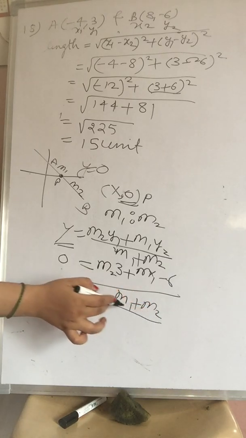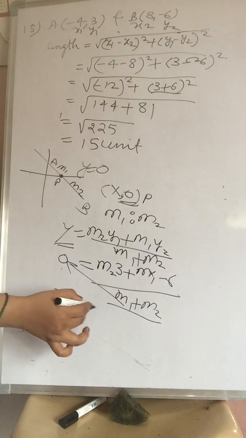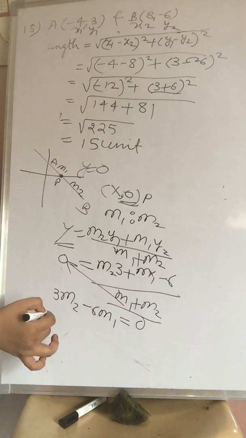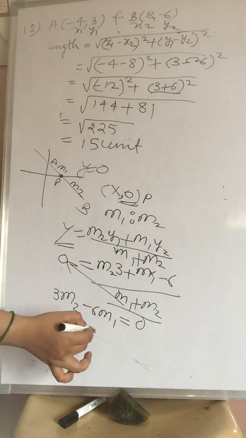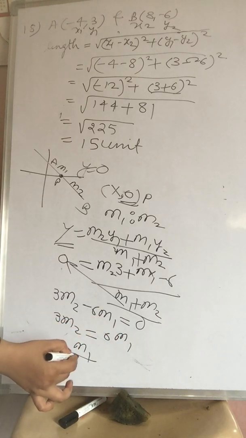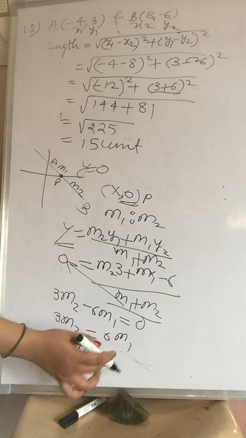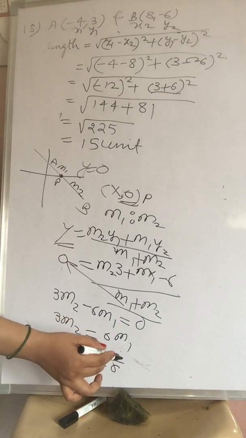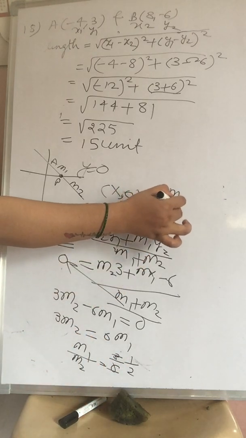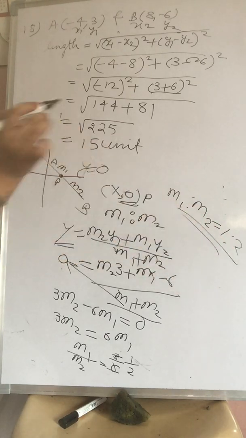By cross multiplication, we have 3m2 minus 6m1 is equal to 0. So 3m2 is equal to 6m1. So m1 by m2 is equal to 3 by 6, which is 1 by 2. So m1 is to m2 is equal to 1 is to 2.